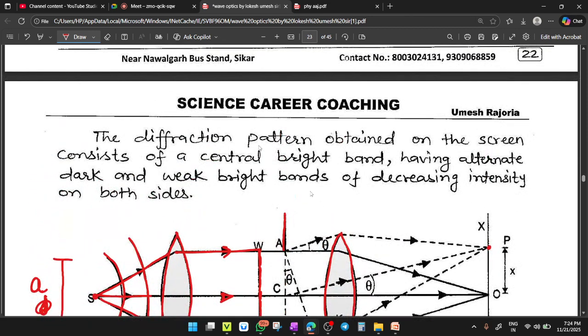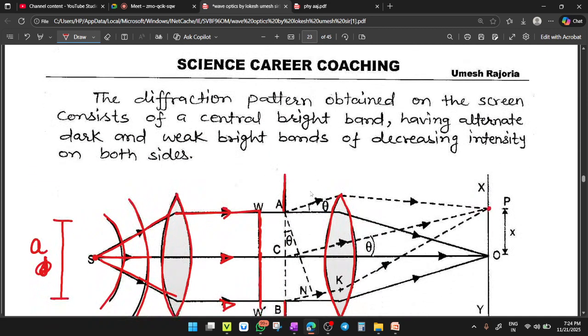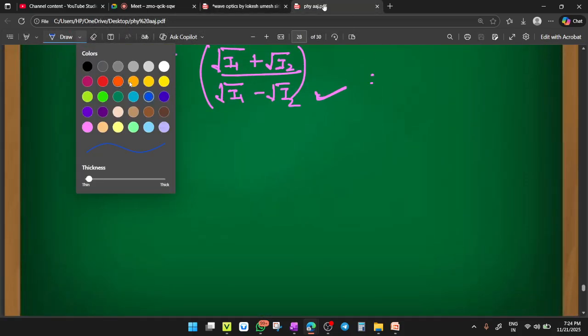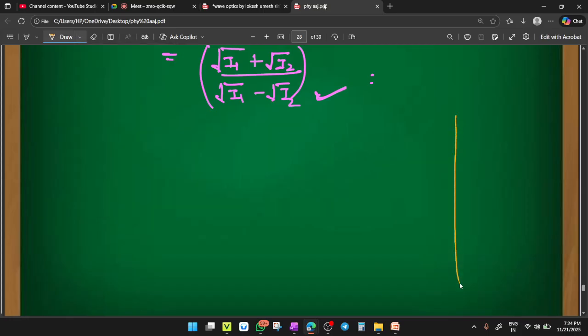Clear? The diffraction pattern obtained on the screen consists of a central bright band having alternate dark and weak bright bands of decreasing intensity on both sides. You have seen in Young's double slit experiment that at the center there is always a bright fringe of intensity beta.